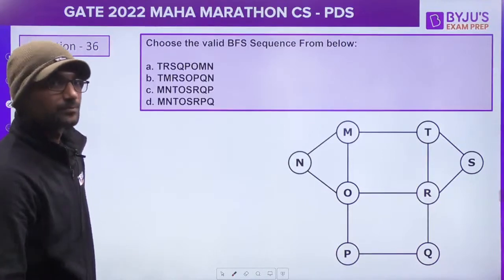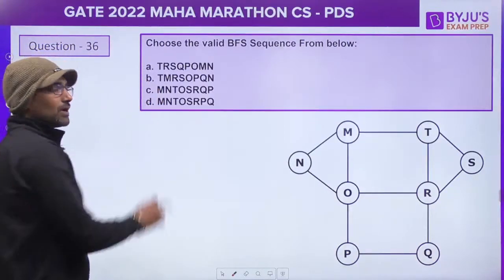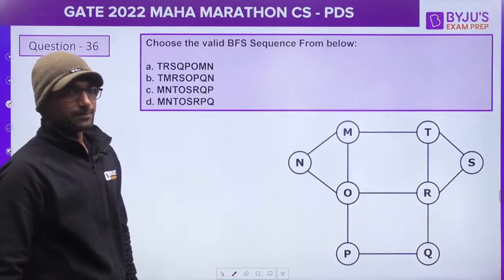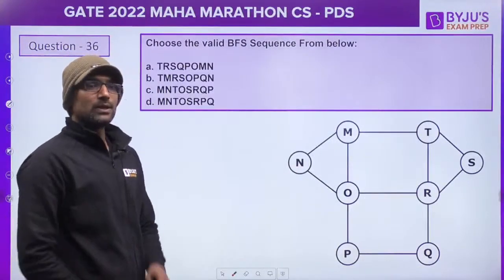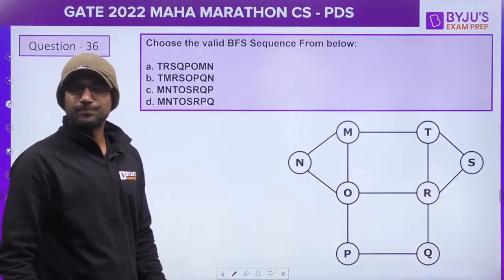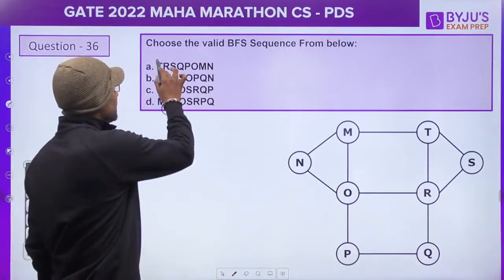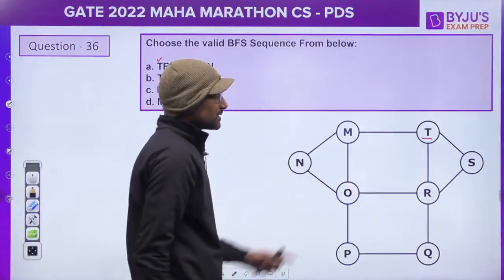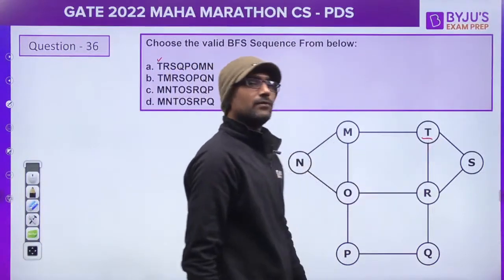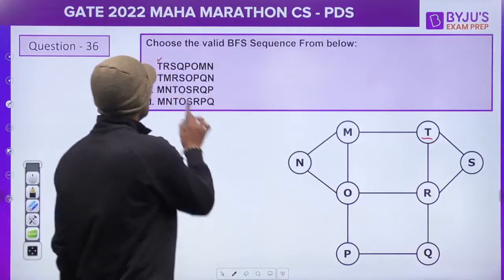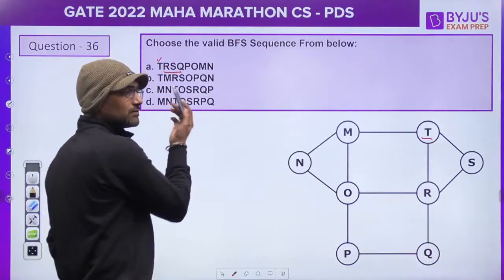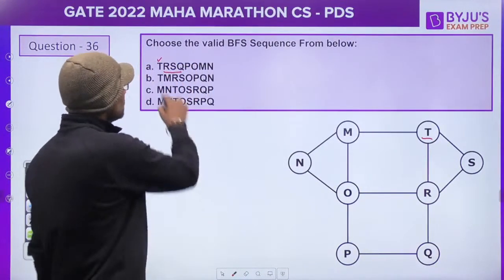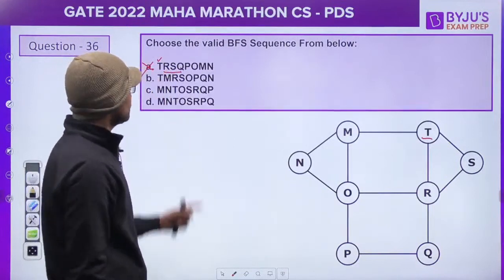Yes, I think everybody knows what BFS is. If you select a node, you will cover all its siblings. Suppose you are selecting T. So what are T's siblings? M, R, S, in any order you can take. So M, R, S. Where is M? So it is wrong.